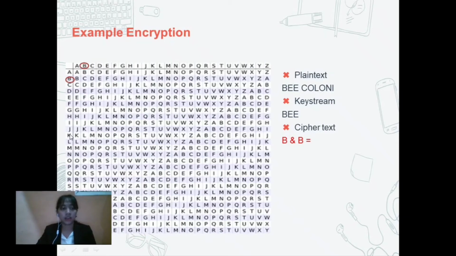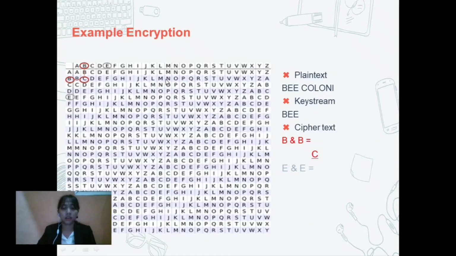So this is the x-axis and this is the y-axis. From the x-axis, the B in the key stream and the B in the plaintext intersect at letter C. So B and B is equal to C. Next is the E in the plaintext and the E in the key stream.